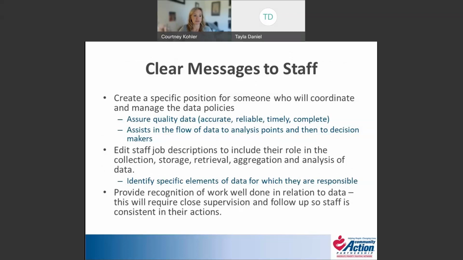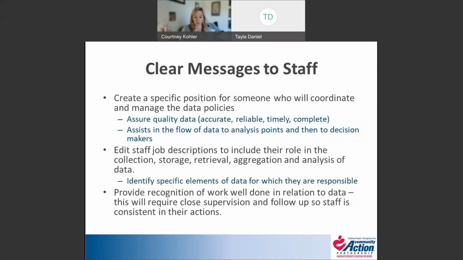And then these are some examples of clear messages that can be sent to staff to make sure that this is being communicated and modeled throughout the organization. So one idea is to create a specific position within the organization for someone that would really be in charge of coordinating and managing the data policies.